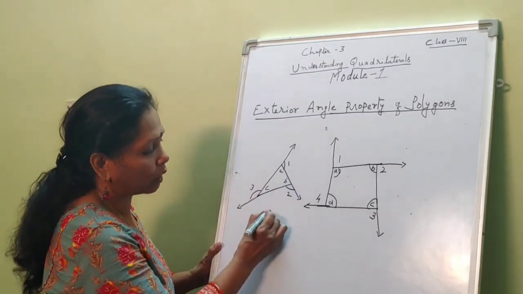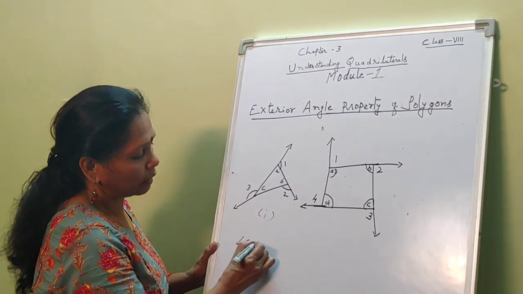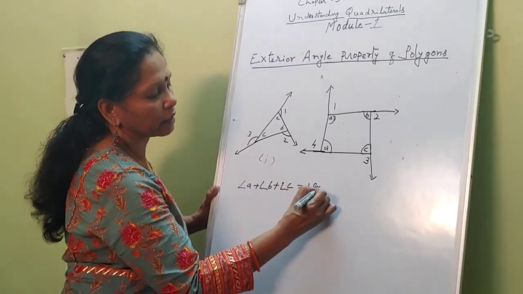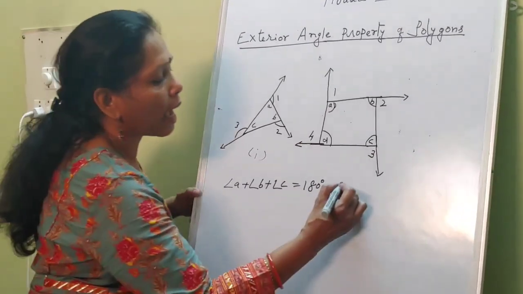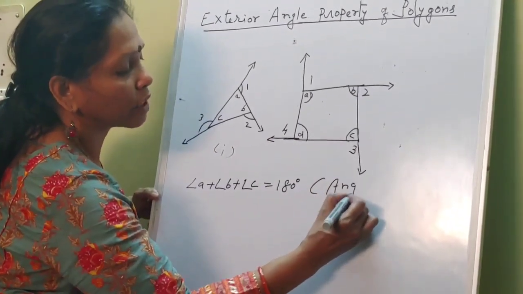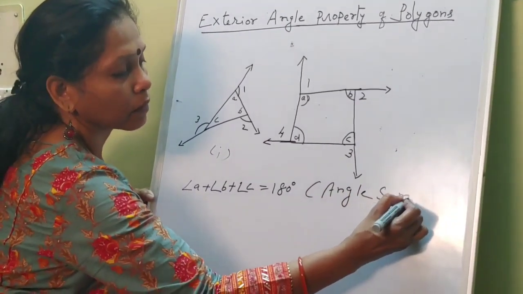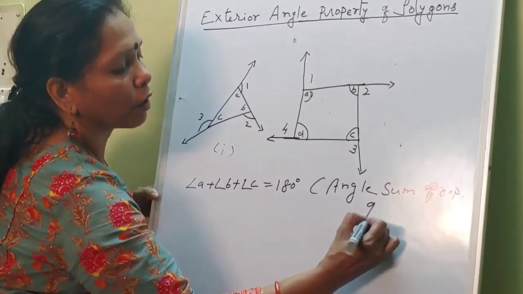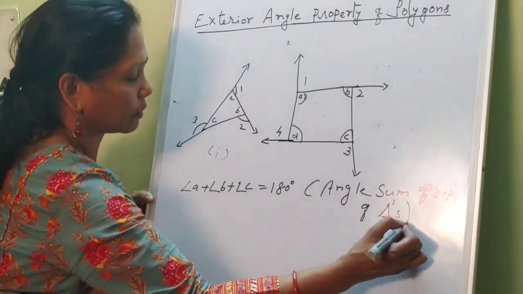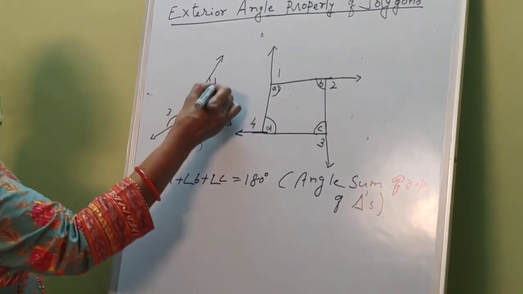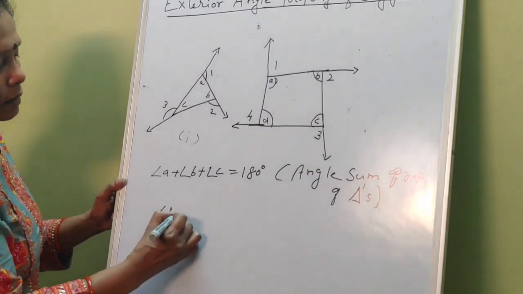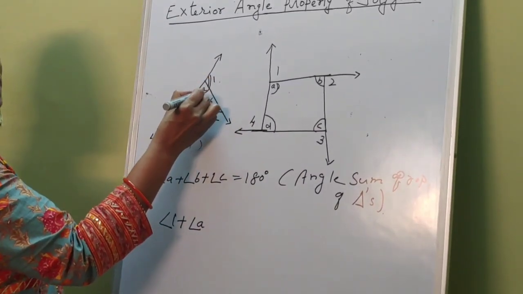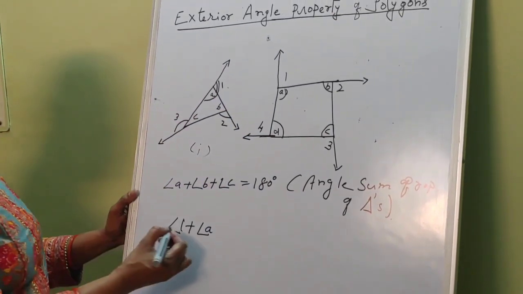So in this figure, we have angle A plus B plus C is 180 degrees. Where did we get this from? Angle sum property of triangles. Now angle 1 plus angle A forms a straight line, and we call it a linear pair.